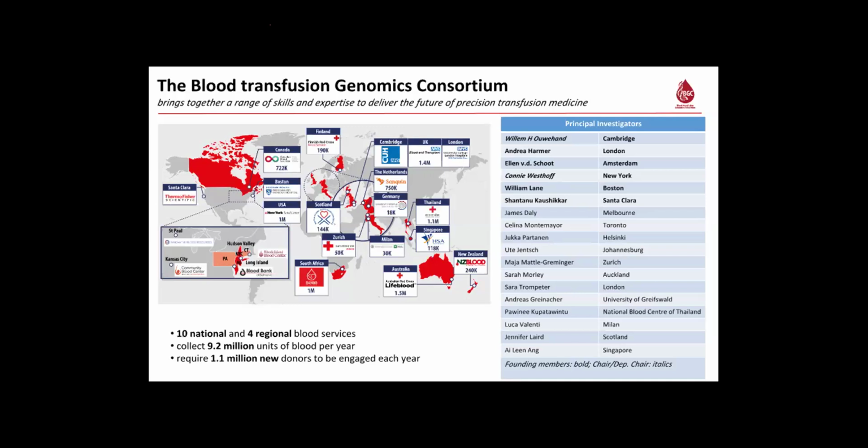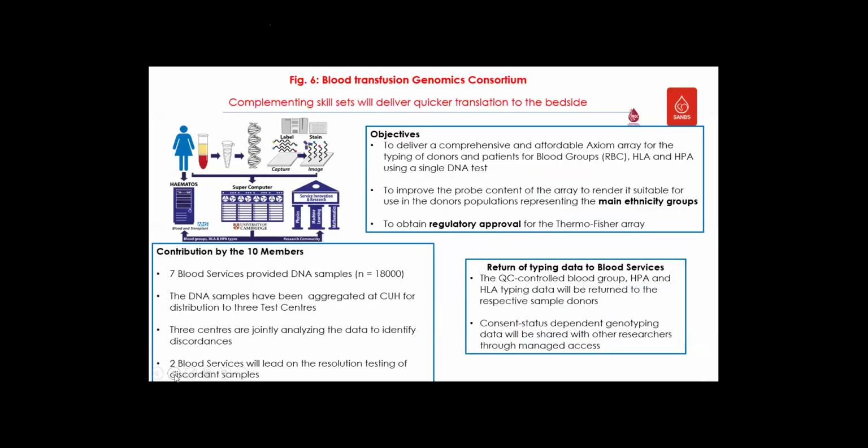So what do we get back in South Africa? We contributed just over 2,000 samples, and we will get the results back for all our donor samples for all 3 markers. We obviously had that information available for our donors, but it will help us understand our genomics better.